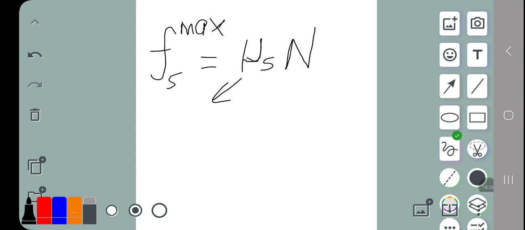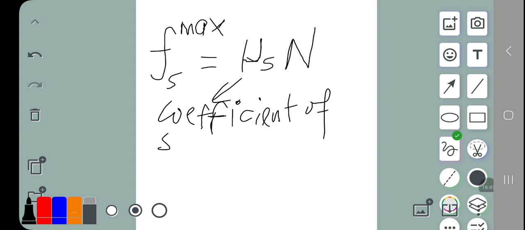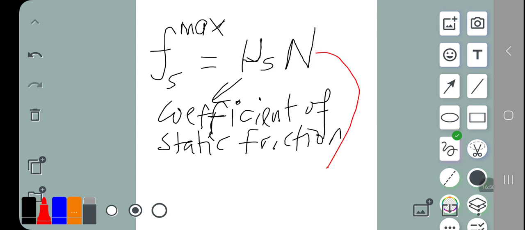Here mu is the coefficient of static friction. Then N, that capital letter N, is your normal force.